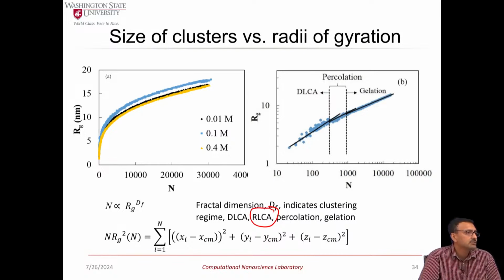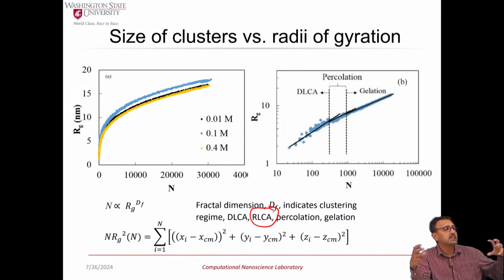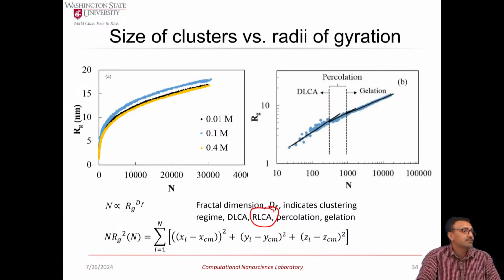It's not a very strong negative charge, so they do have a little bit of Coulombic repulsion, but they have strong pi-pi interactions of the rings that are present in the icosahedral structure. So there's a combination, but there could be other nanoparticles that are somewhat negatively charged where it will be reaction limited, right? And then finally there is percolation and gelation, where there is a very rapid agglomeration regime.